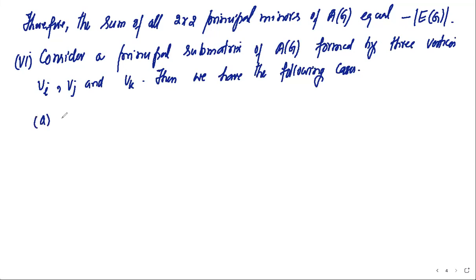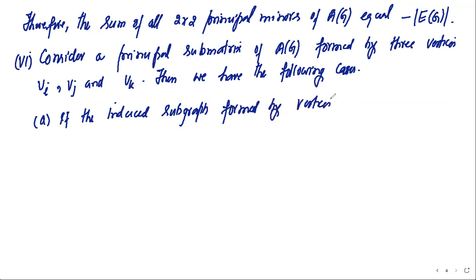Case A: the induced subgraph formed by vertices Vi, Vj, and Vk is disconnected.